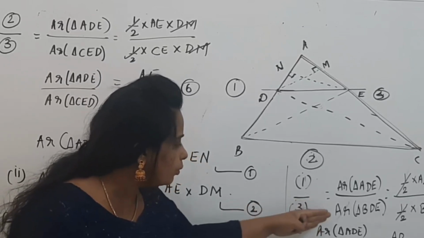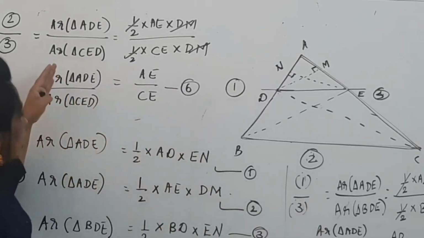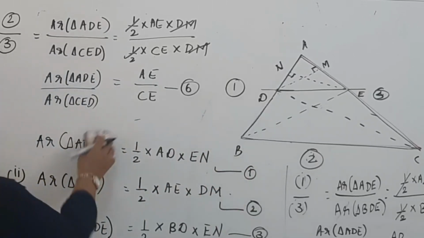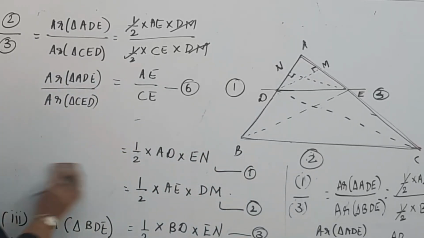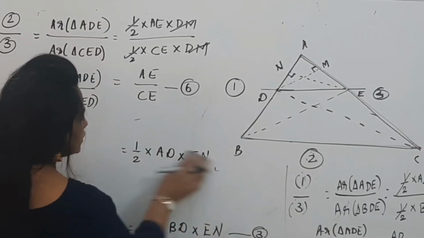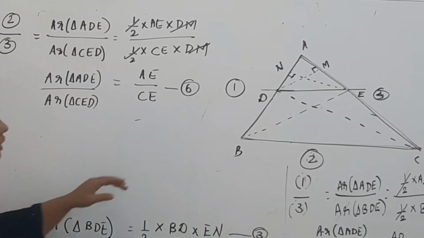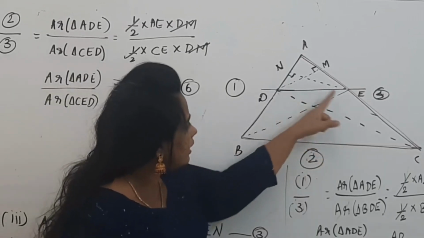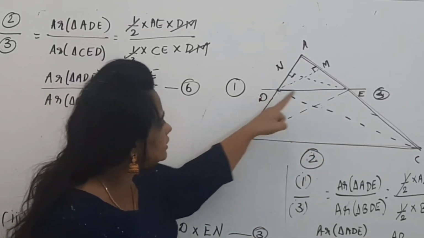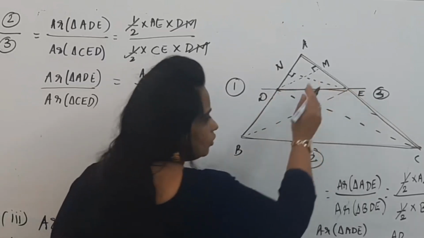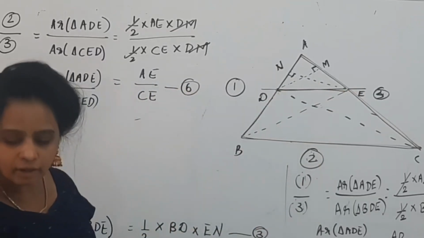Now I am going to prove this is equal to this one. How? That is the second concept I taught you before the theorem. Let me write. Triangle CED and triangle BDE lie on the same base. This is the base. You have to see it upside down, correct?